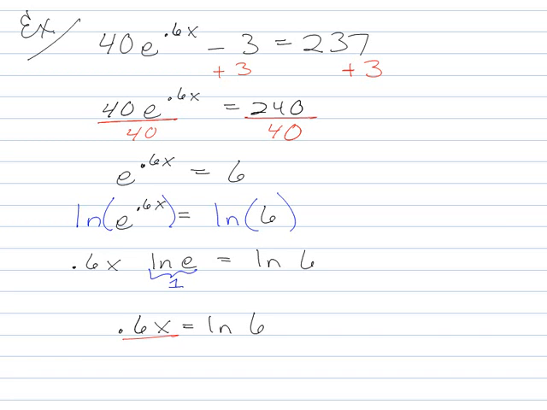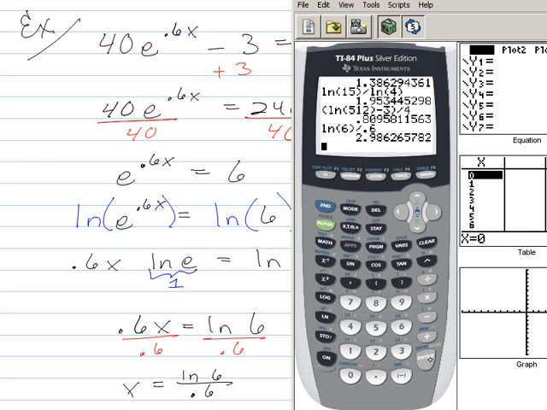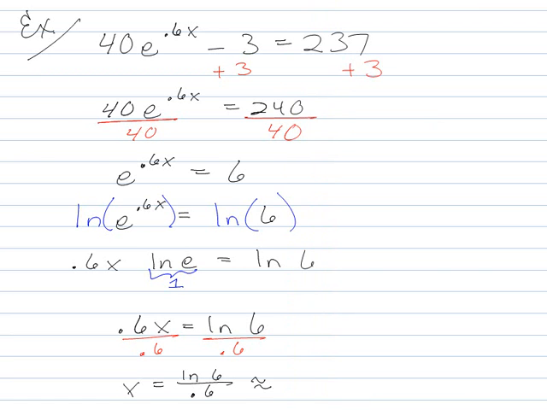So if I divide both sides by 0.6, I'll get x equals natural log of 6 over 0.6. So natural log of 6 divided by 0.6. So 2.986, or about 2.986.